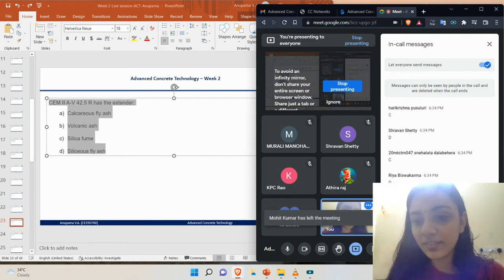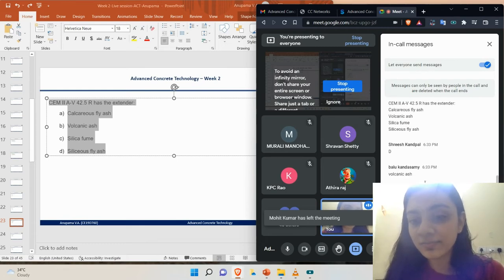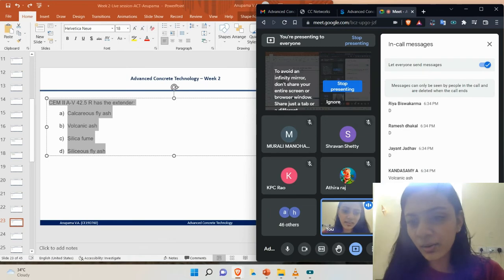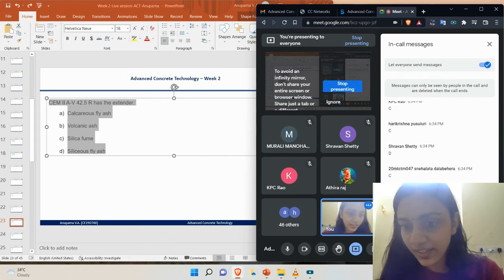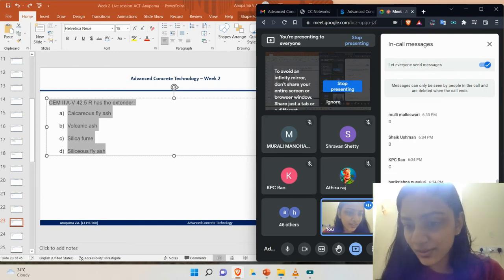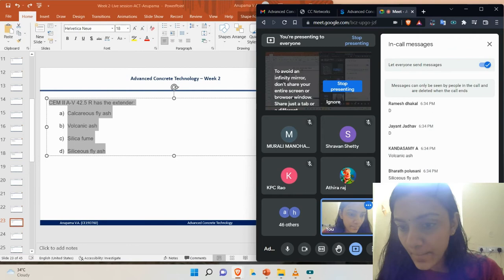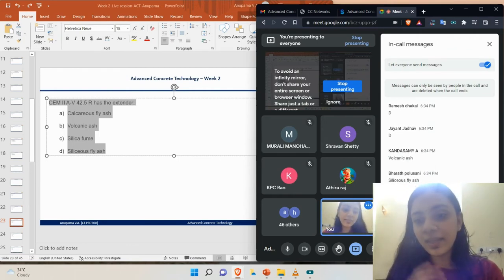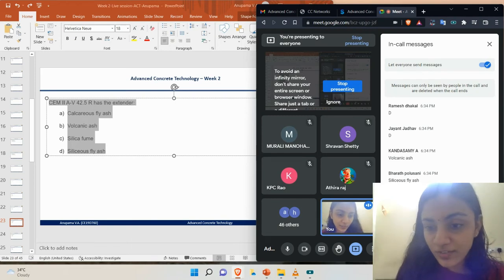Thank you for answering here. I can see option B, option C, and option D. No one vouches for calcareous fly ash. Clearly, many people, as told in the chat box, say V is not volcanic ash.